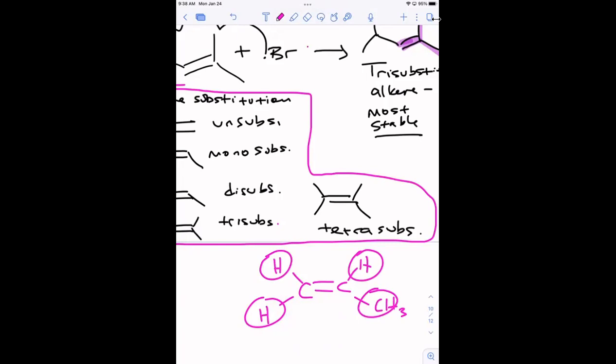That would be an example of monosubstituted. And then if I put another carbon on there, that's disubstituted, so on and so forth. All right, that's a good question.